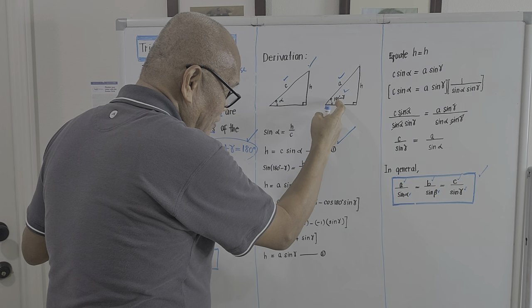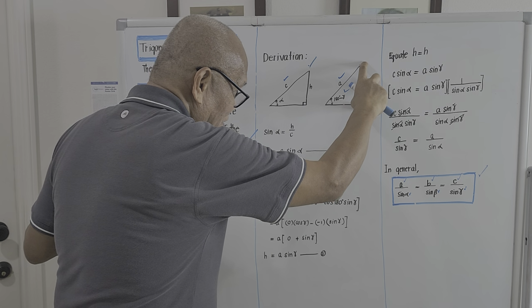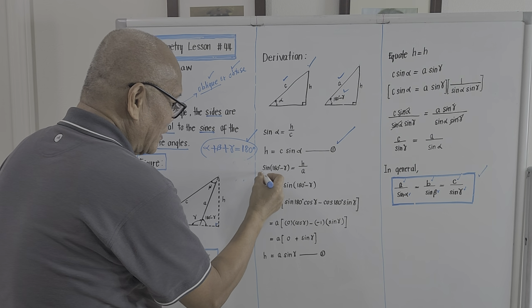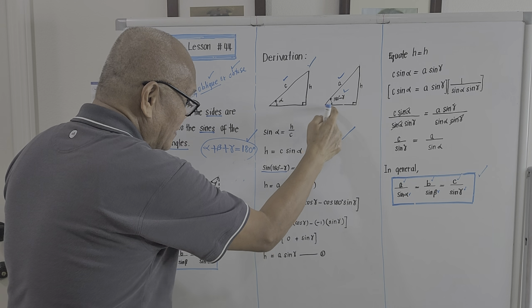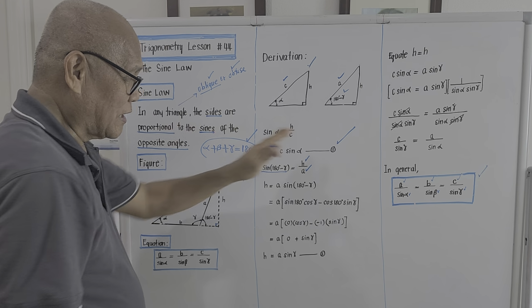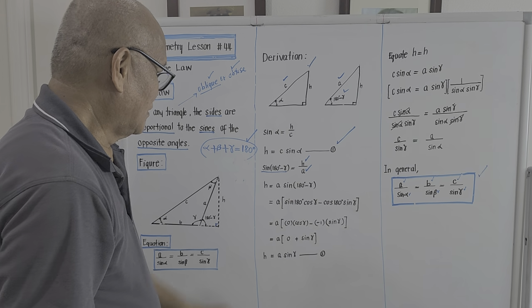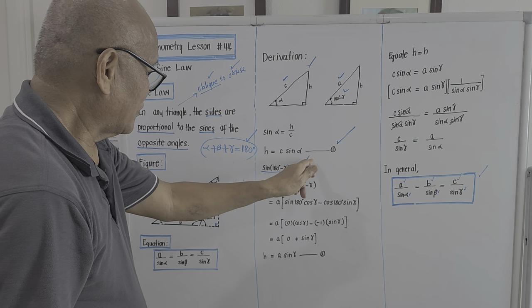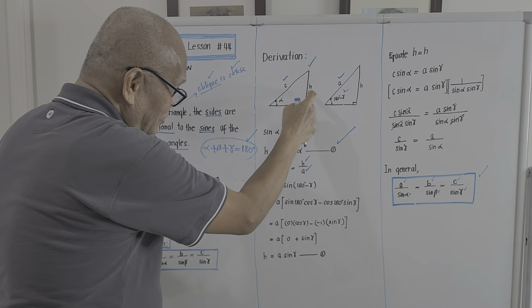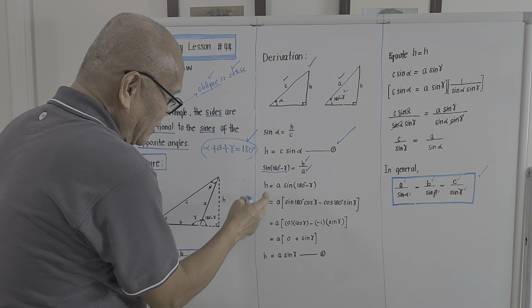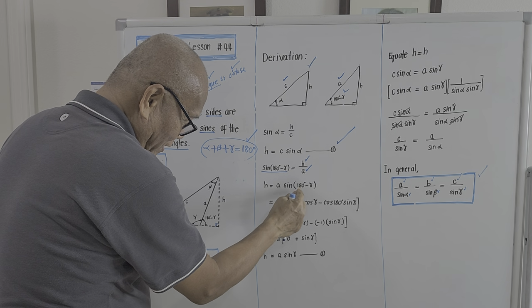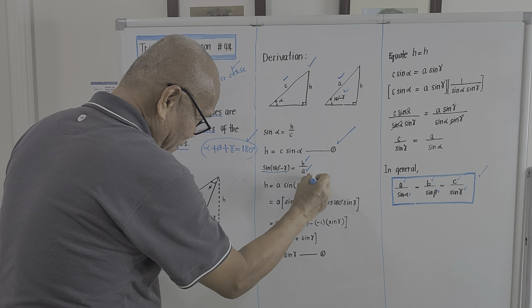So the sine of this will still be h over a. Then if we compute for small letter h, this h here is same as this one, right? So small letter h will be equal to a sine of the quantity 180 degrees minus gamma.